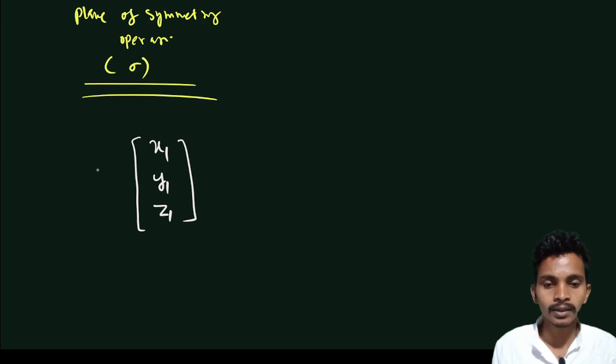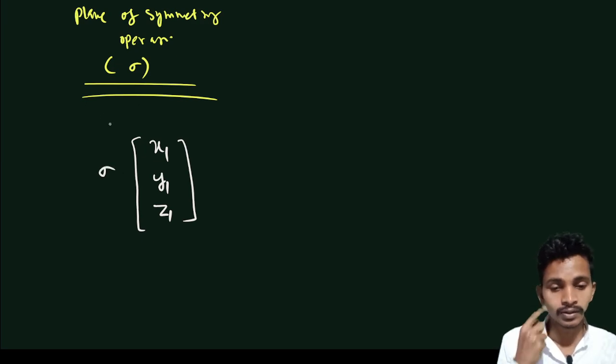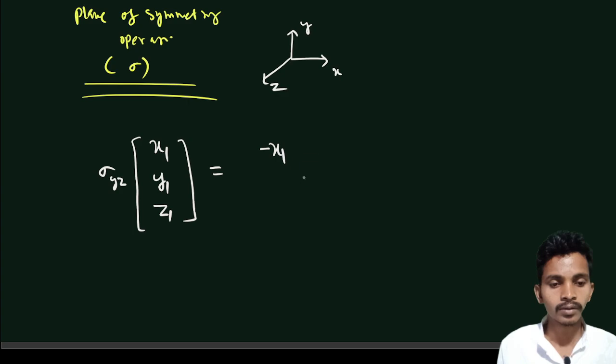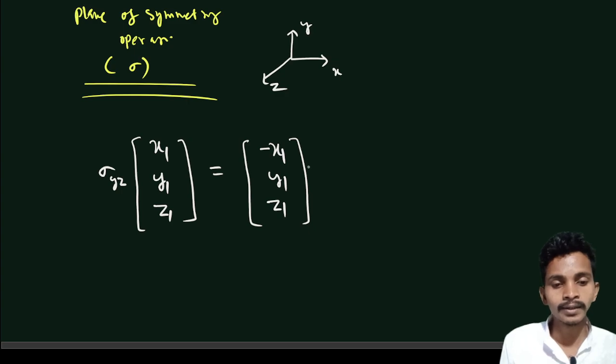And if I apply that sigma, that is the plane of symmetry operation or reflection, then what happens to this matrix? Let's say this is x, this is y, and this is z, and suppose I apply it in the y and z plane. Then y and z remain unchanged, and this will change. This will become minus x1, and y1 and z1. So I want to represent it mathematically, because I want to know the character value, which I will use to check the properties of the molecule.